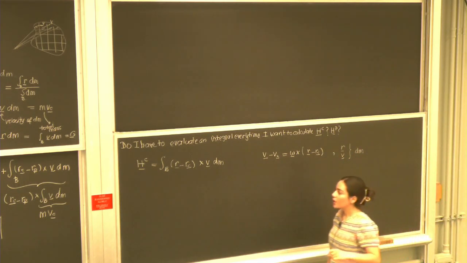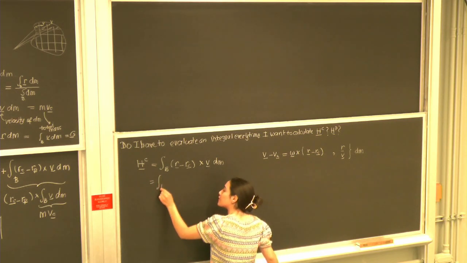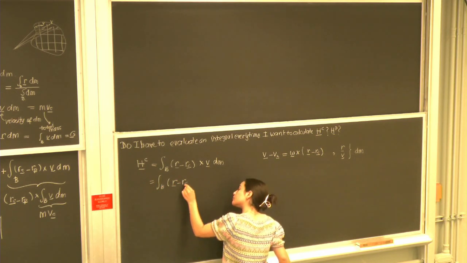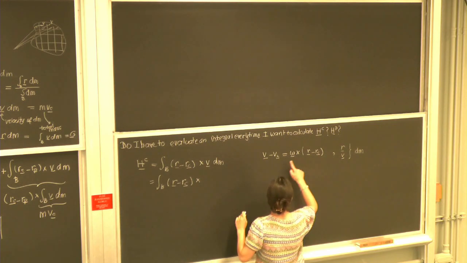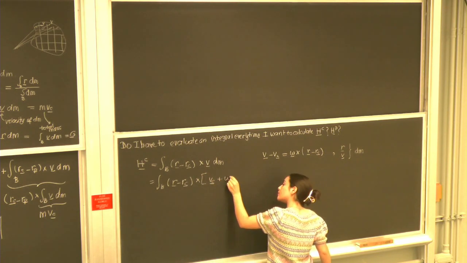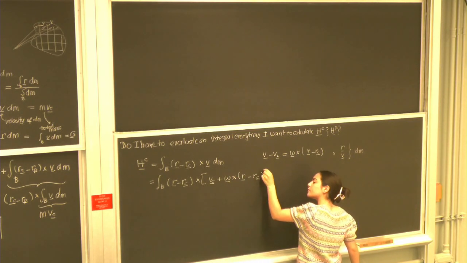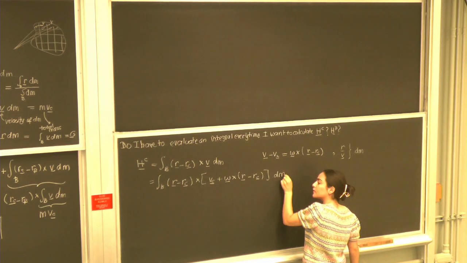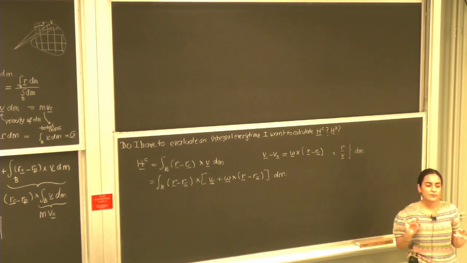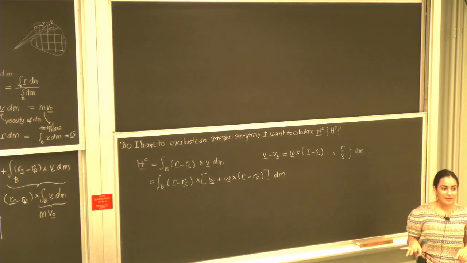So I'm going to replace v by vc plus omega cross (r minus rc) dm. No funny business yet. Any questions?